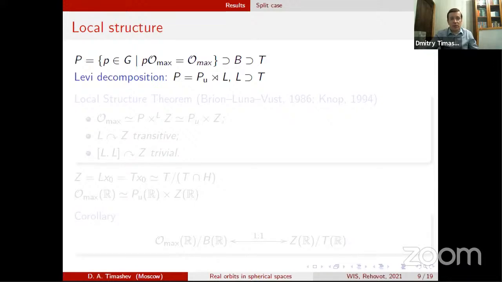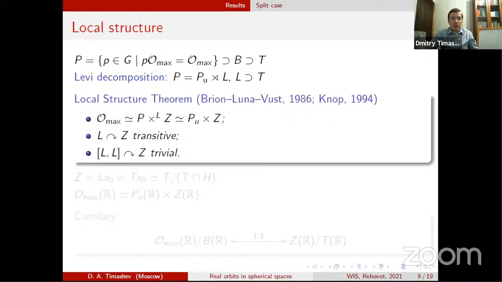This is a standard parabolic subgroup containing my B, and it is also defined over real numbers. We take its standard Levi decomposition, where P sub U is the unipotent radical of P, and L is the standard Levi subgroup containing T. There is a unique one in P, so it is also defined over real numbers. Everything is defined over real numbers.